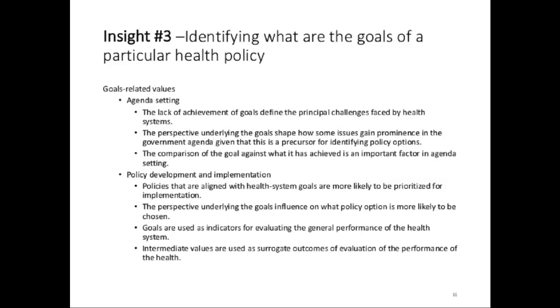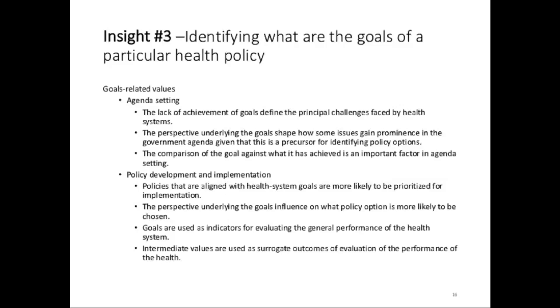But the perspective underlying the goals shapes how some issues gain prominence in the government agenda. For example, for a policy decision, maybe universality is important, but you can consider universality from different approaches or perspectives.